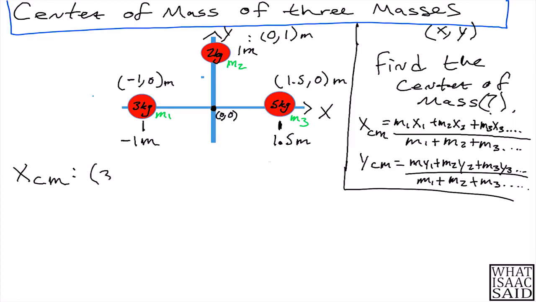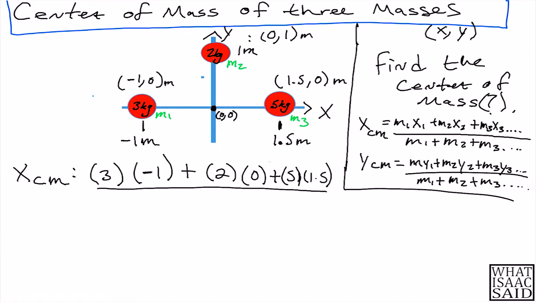So my m1 mass was 3, and my x position is -1, and plus my m2, 2 kilograms, and my position is 0, and plus 5 times 1.5, in parentheses.